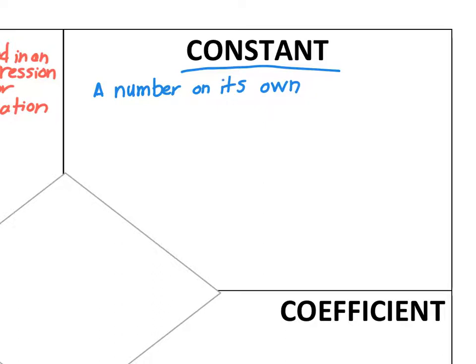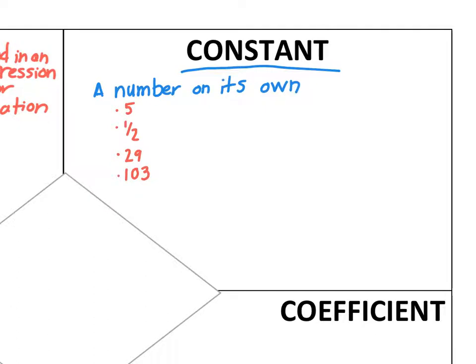For instance, some examples of constants are 5, or maybe 1/2, or maybe you can write something like 29 or 103. It could be any number on its own.